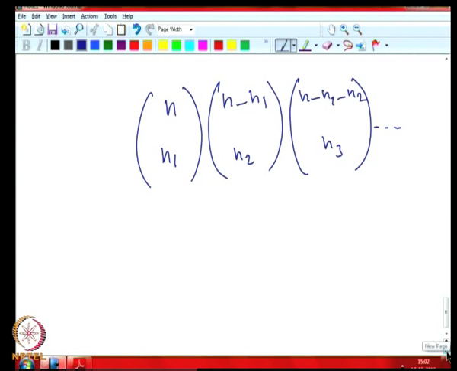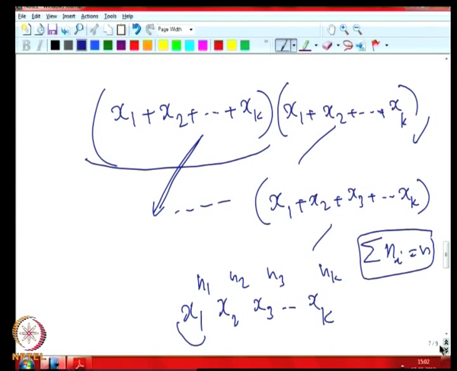This is the same formula we wrote down for the earlier one, and that will give you the same value.